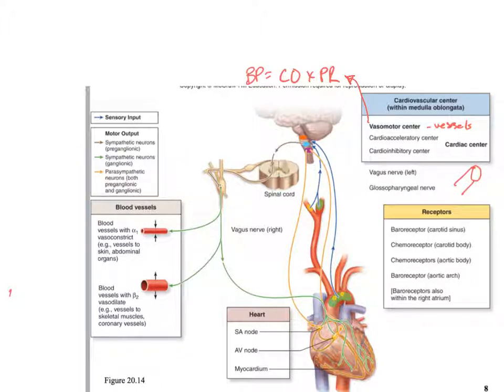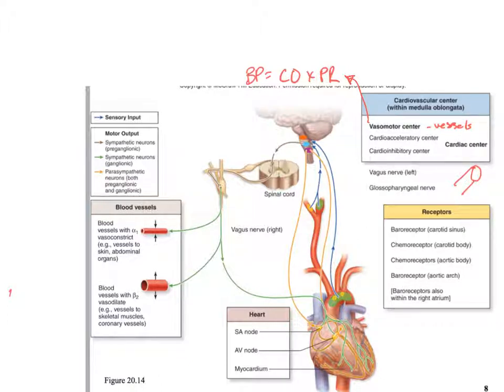An increase in sympathetic pathway activity will cause vasoconstriction, and a decrease in sympathetic pathway activity causes vasodilation. Okay? Questions on that? No? Good.